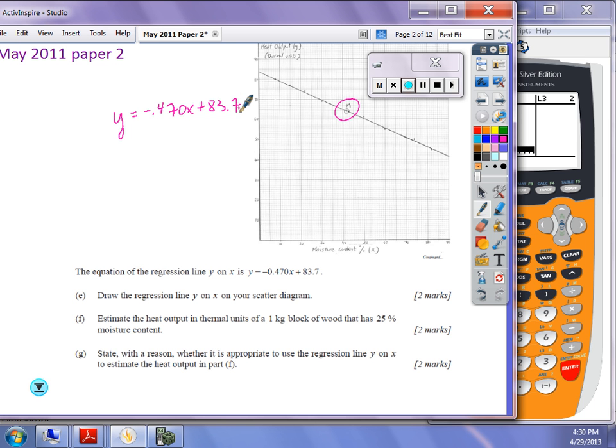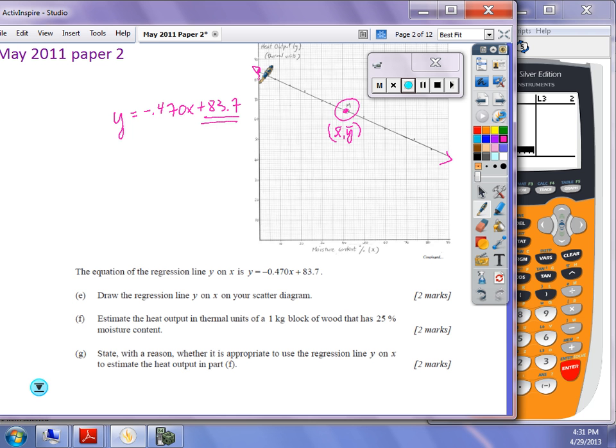You know that the line of best fit, the regression line, has to cross through that x bar, y bar point. You also see where the y-intercept is. So go to 83.7 and mark that point and use your ruler and draw the line through those 2 points. That's all you need to do to get full marks for that.